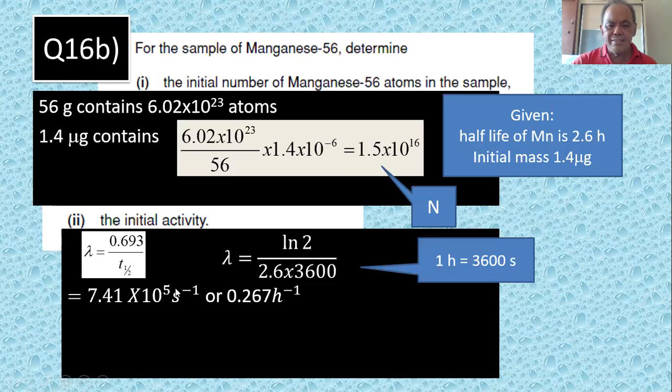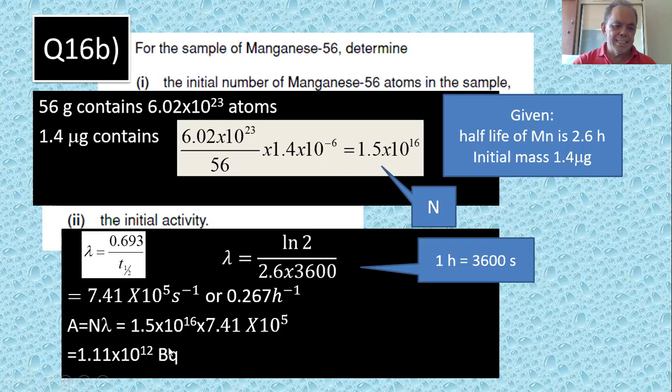Either leave it per second, or if you don't multiply by 3,600, then you get 0.267 per hour. Right? So either answer can be okay. And remember the activity formula, A equals N lambda. This is your N. This is your lambda. If you use per second, then the activity is per second. The one in your answer should be per hour.